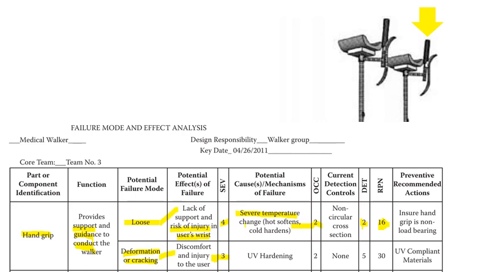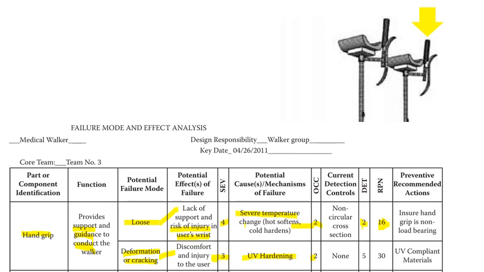What can cause the hand grip to deform or crack? Apparently, it may be caused by UV light. It causes hardening of the material of this hand grip, and the likelihood of the occurrence is 2.